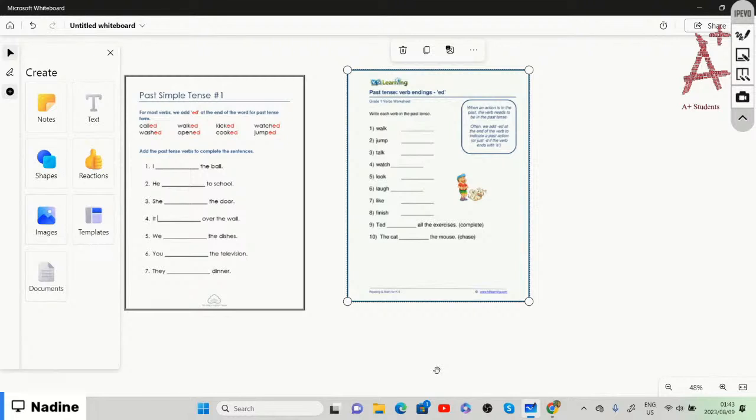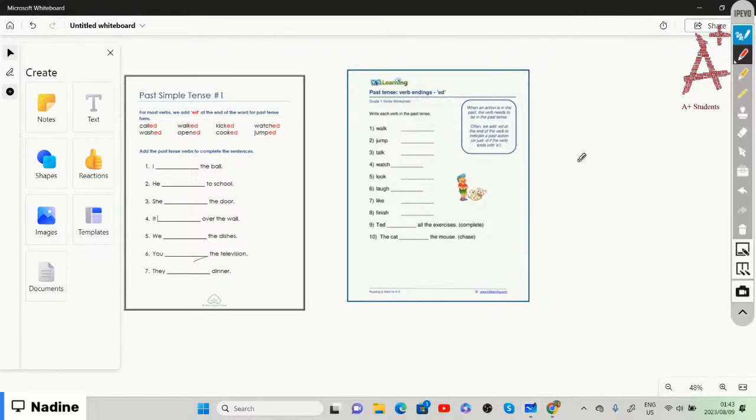If we look at the first word, walk, if we write that word in the past tense, it will be walked. Then jump and jumped.